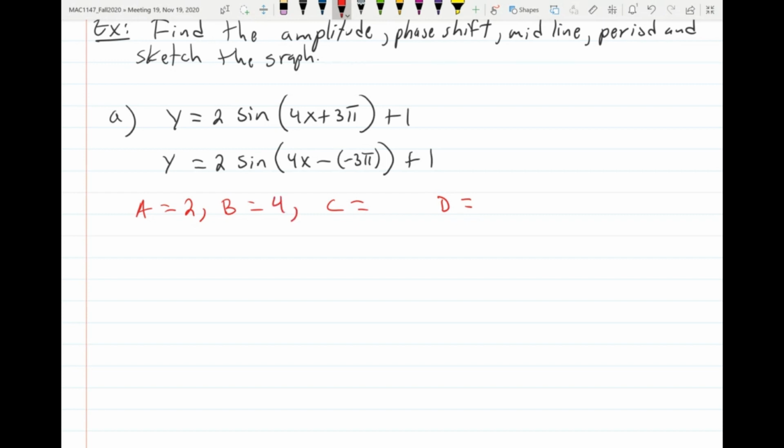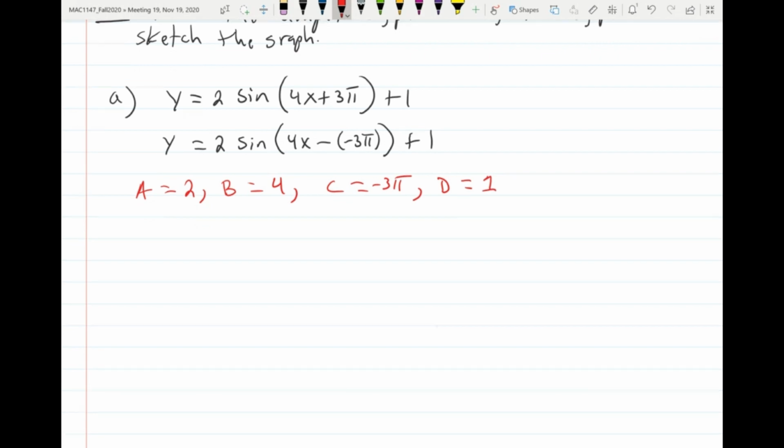What's the value of c? Negative 3 pi. Good. And what's the value of d? So Ramses, remember, c is the whole thing. So it will be negative 3 pi, and the value of d is 1. Okay, good. So now let us answer the questions.